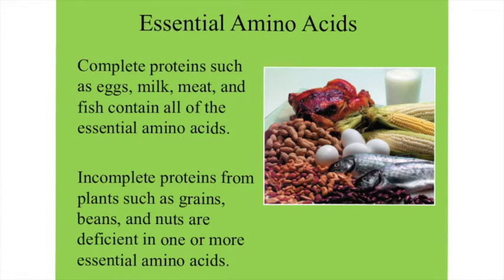But if you don't eat animal products and you're a vegetarian, you only eat plants, then grains, beans, and nuts are deficient in one or more essential amino acids. However, if you eat beans and rice, then the combination of those two will give you all of the amino acids, including the essential amino acids.